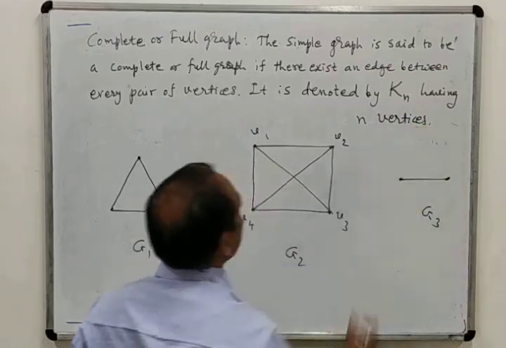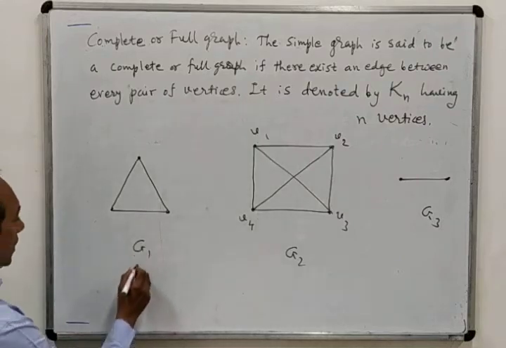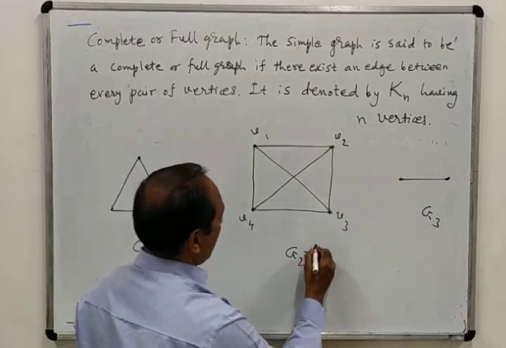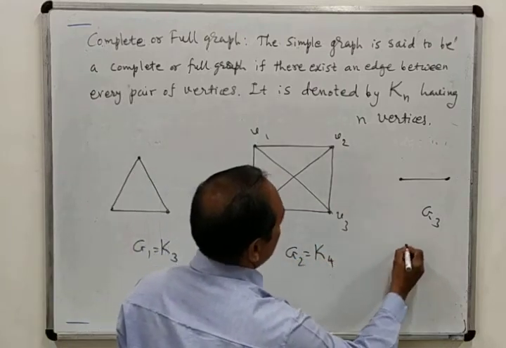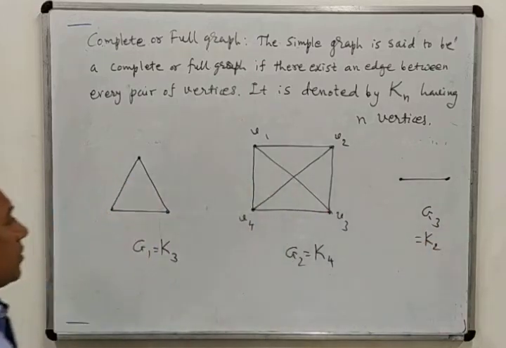So if the graph is a complete graph with n vertices, then it is denoted by Kn. So this G1 is nothing but K3. This is K4. This is K2. So complete graphs are denoted by Kn.